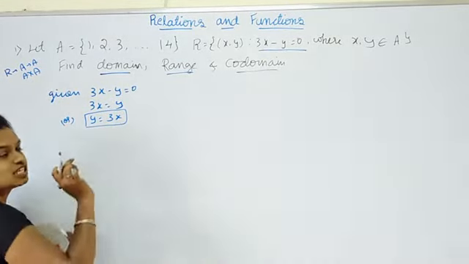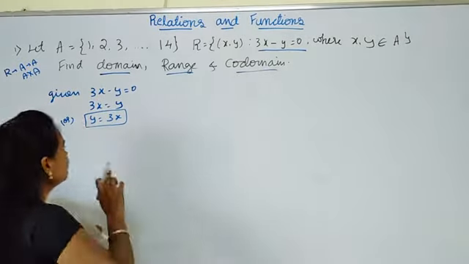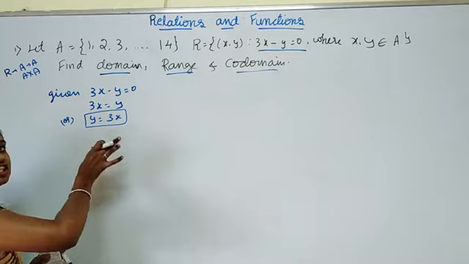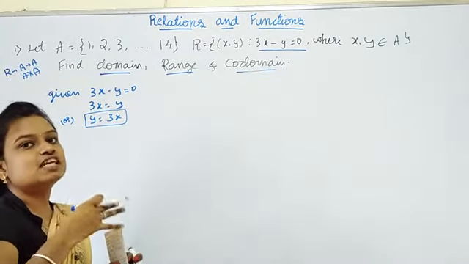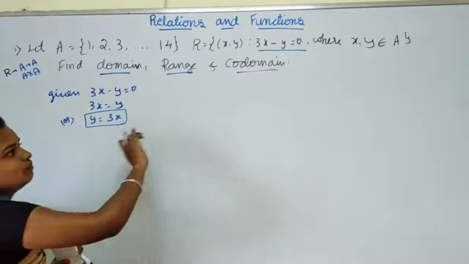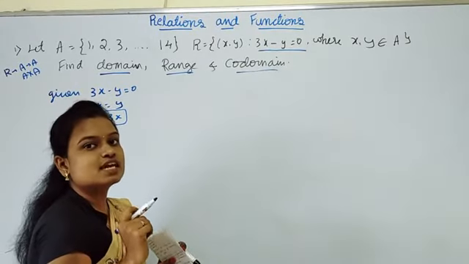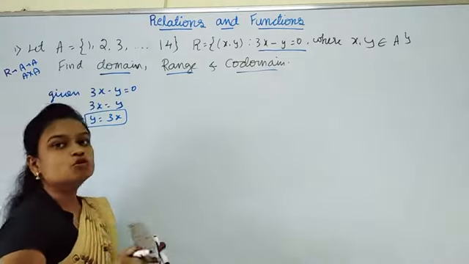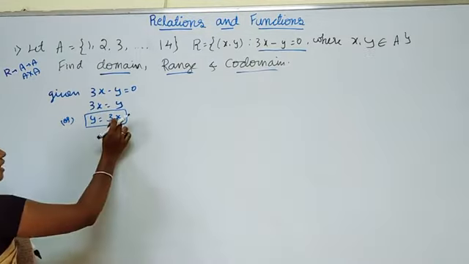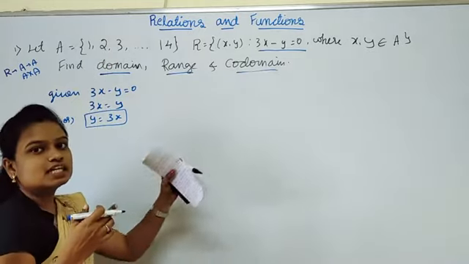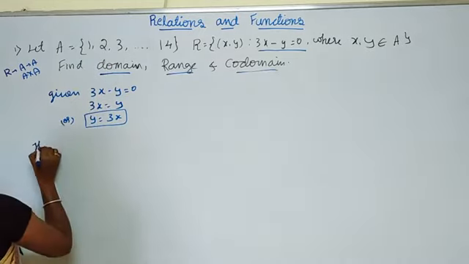Here x is the first element of the ordered pair and y is the second element. We already know that both x and y belong to the set A, whose elements are 1, 2, 3 up to 14. So x has possibilities of 1, 2, 3 up to 14. So put the values.